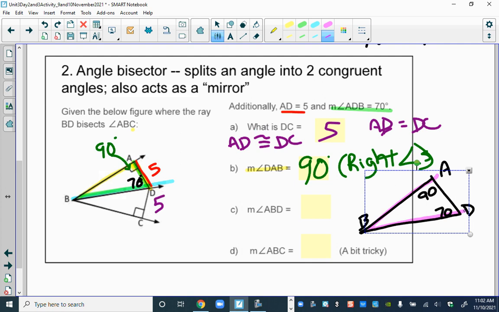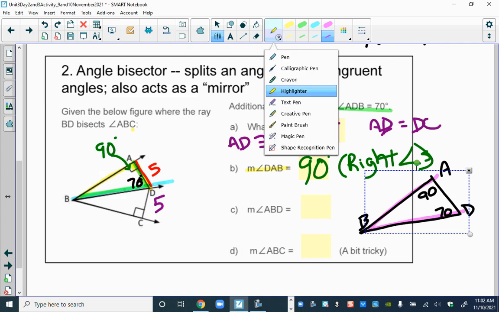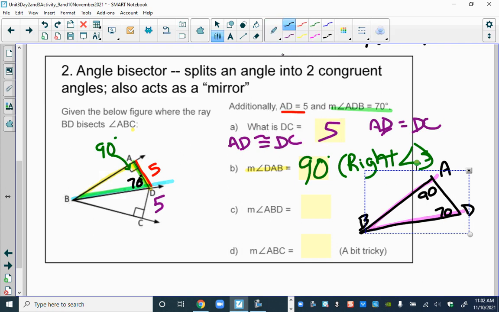Okay, where do we get 165 from? So we only add the 90 and the 70. You don't need that 5. That 5 was just the side measurement. The 90 plus the 70 is 160.